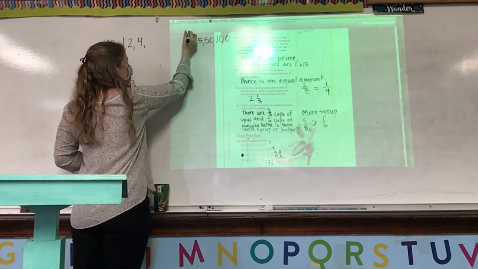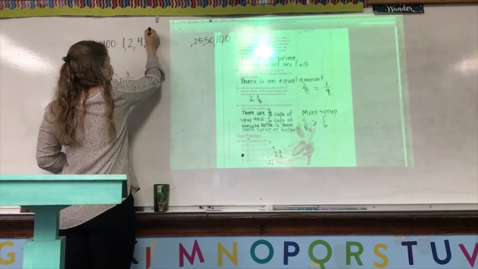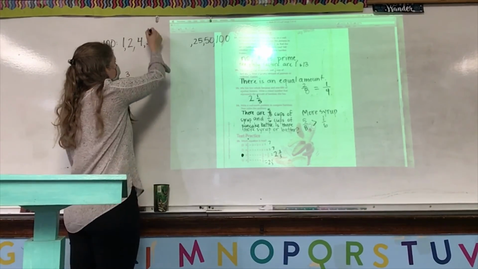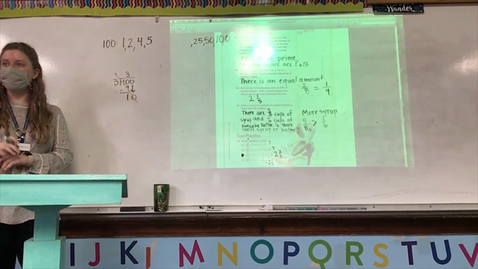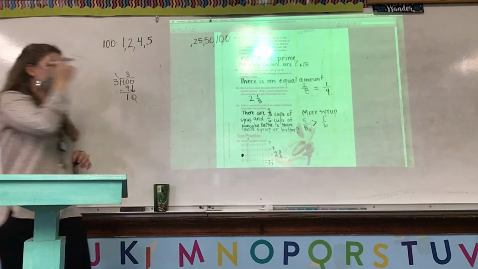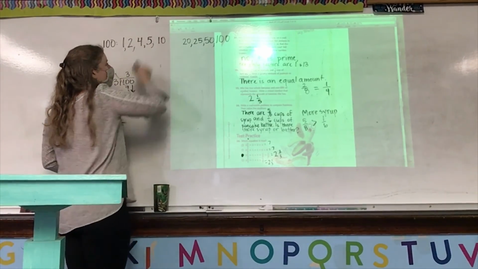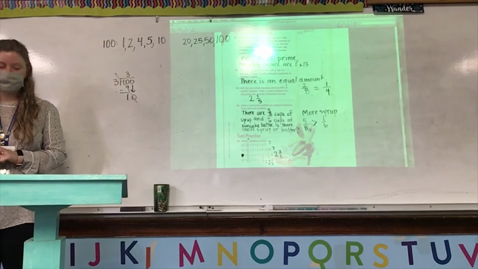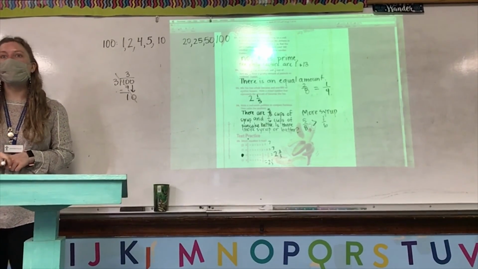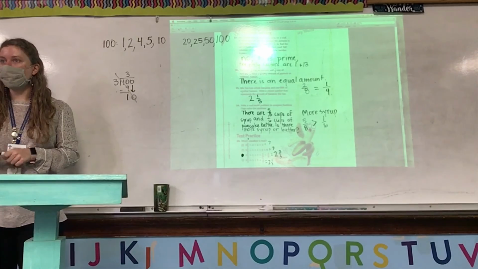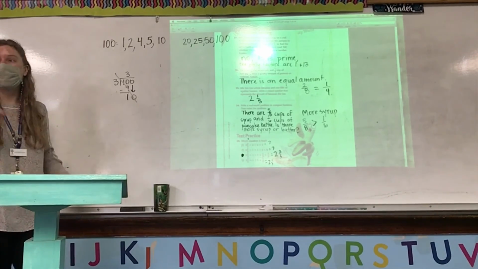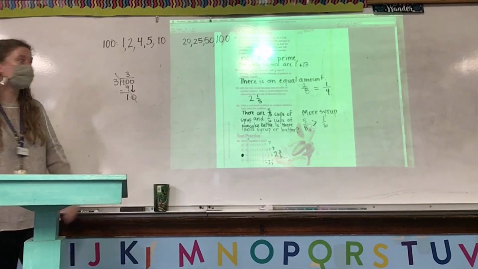How many nickels are in $1? How many dimes are in $1? 10. Money is an easy way to remember the factors of 100.